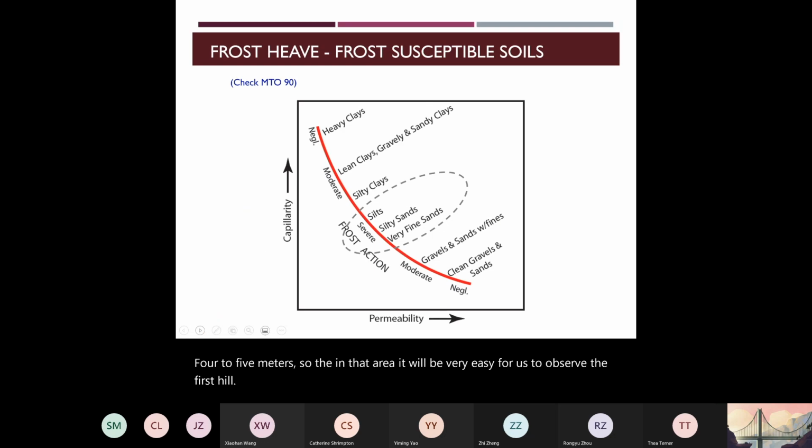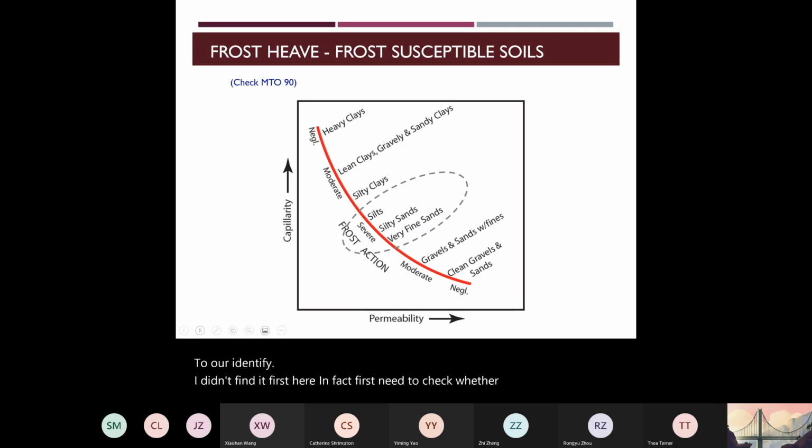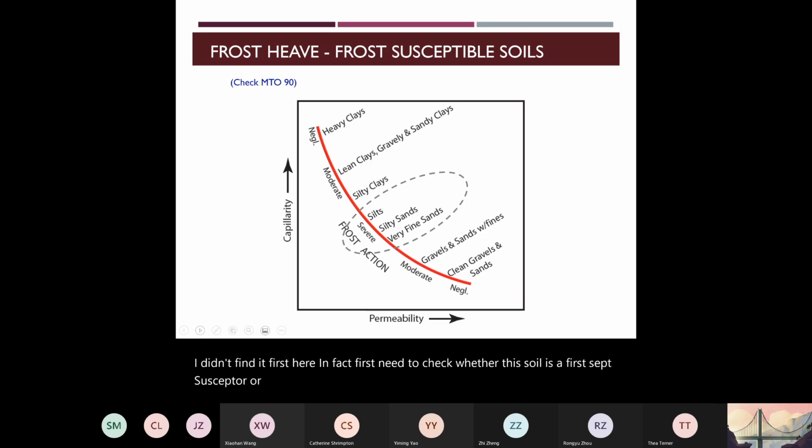So to identify the frost heave effect, we first need to check whether this soil is frost susceptible or not. With that, we can check the permeability and the capillary rate.